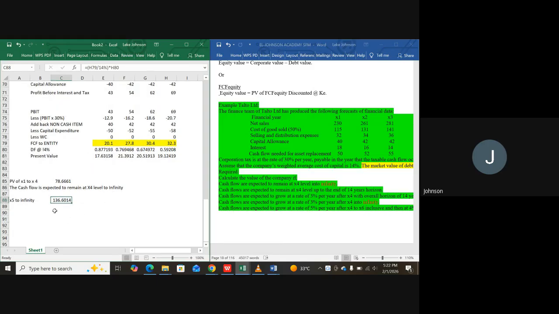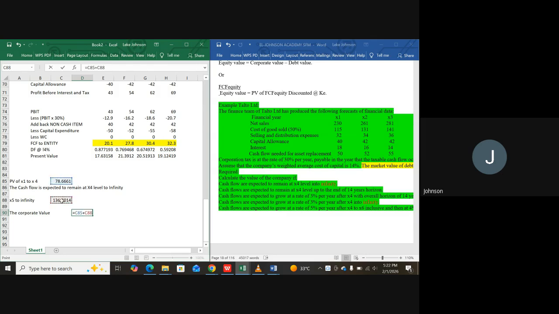So to now get the value of the company or the corporate value, okay, the corporate value equals to, okay, so I'm not supposed to put equals to there. So the corporate value, how do we get that? We now say equal to this plus this.